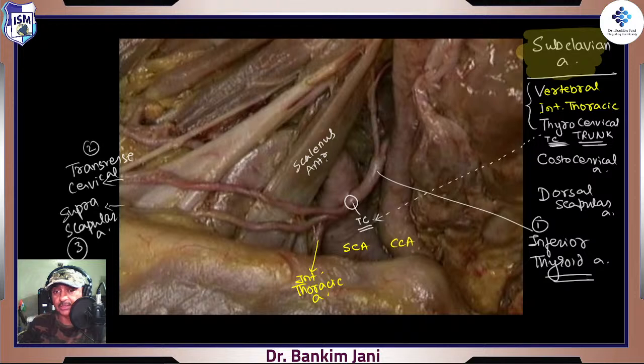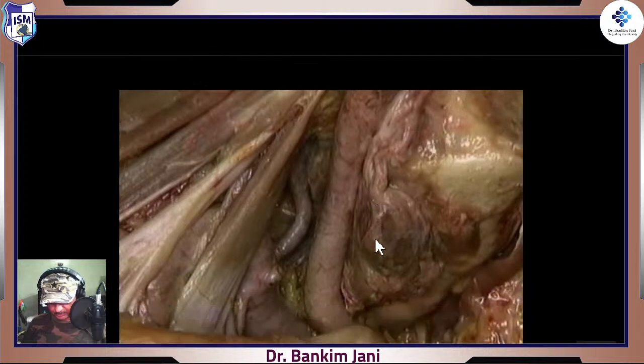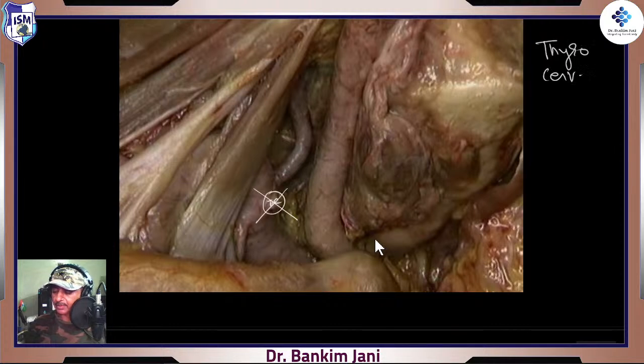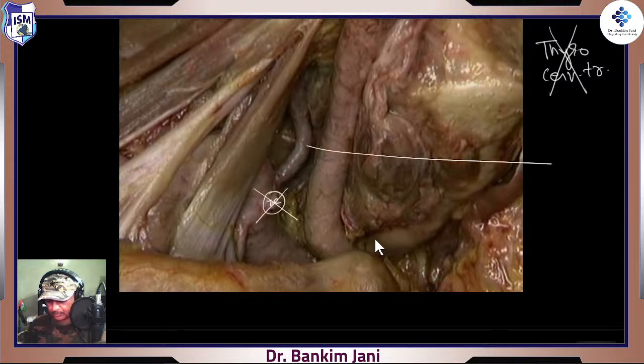Now to see it a bit properly, we need to cut the thyrocervical trunk. Once we cut the thyrocervical, immediately we'll be able to see the most important vertebral. Now you know where the thyrocervical is. Here was the thyrocervical trunk, TC, and we have cut it, and this is what you see.